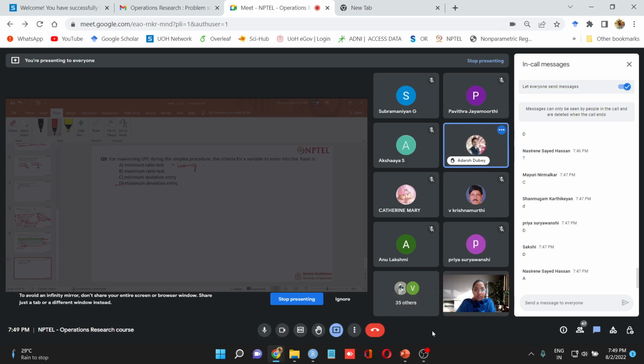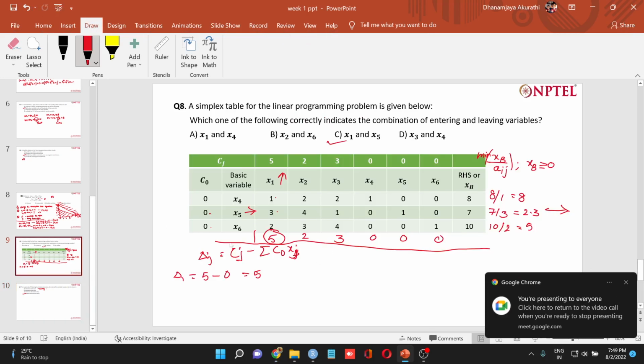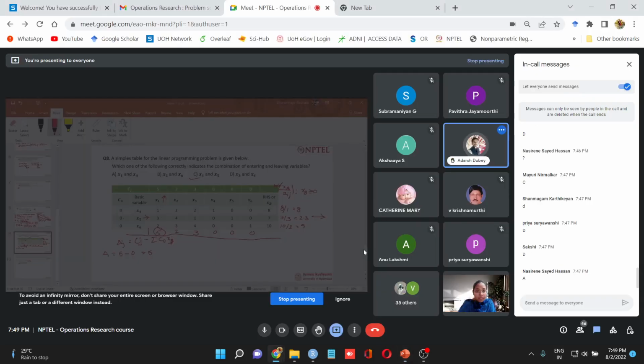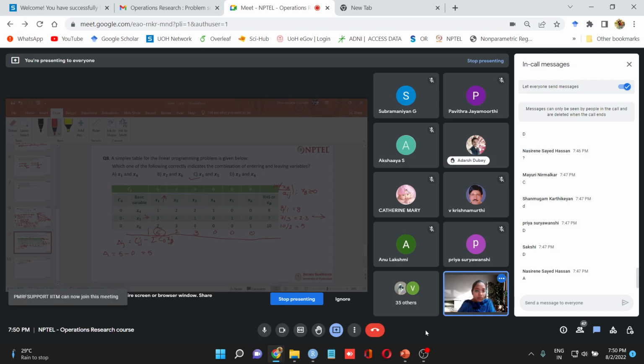Rank. Okay. We are solving the linear programming problem in a rank method, right? Where is the rank here? Okay, okay. In that way also you can do. No problem at all.